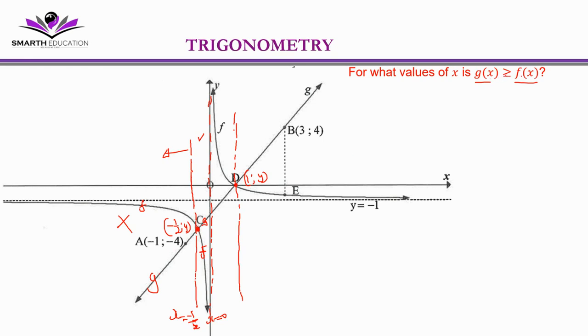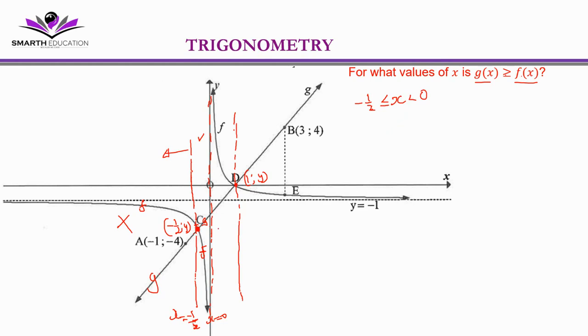So it means negative half is included, but 0 cannot be included because it is the asymptote. So we want that region. So x is from negative 1 over 2, see, negative 1 over 2 is included, up to 0. 0 is not included. Okay.